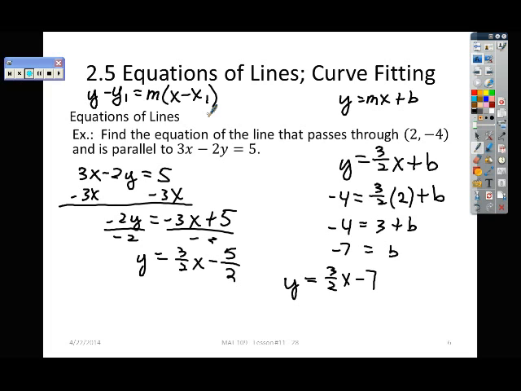So you still need to put this first equation in this form in order to determine what m is. But then I could take m back here and those 2 points here and here, and I'll get this same equation. So it's a little bit less work to use this equation on the second part of the problem.